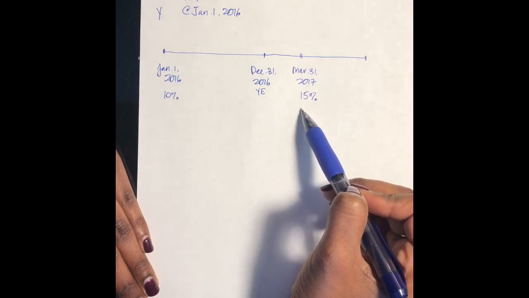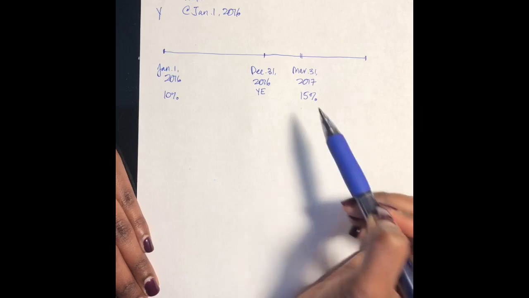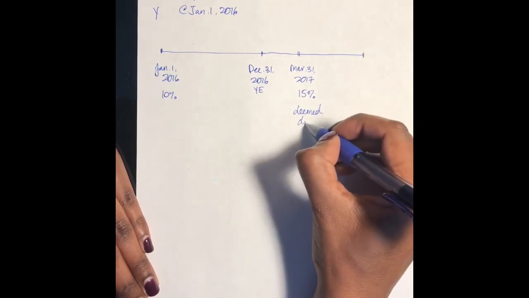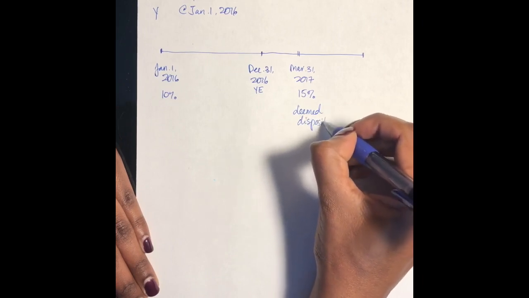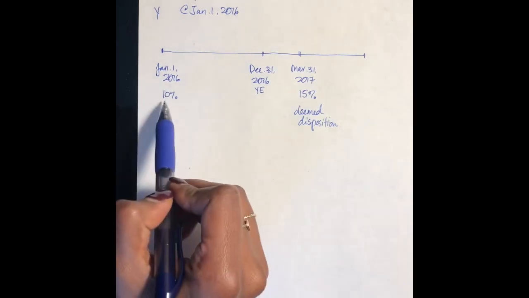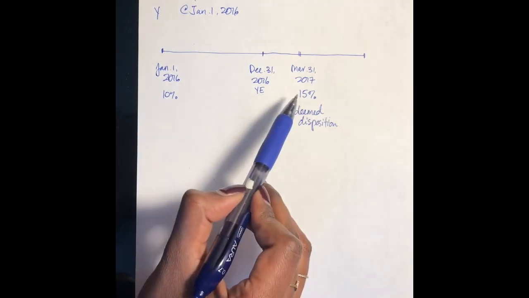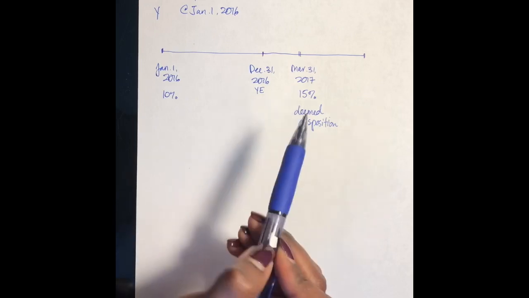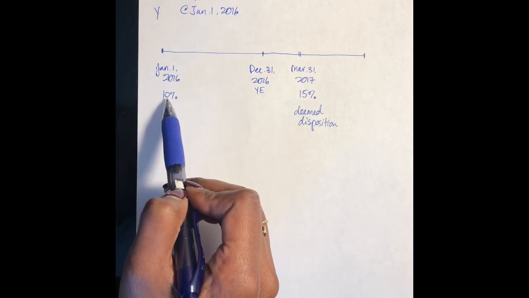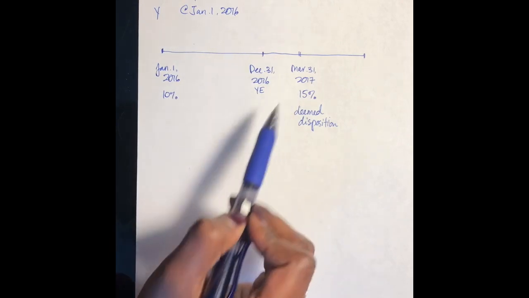At March 31st, 2017, you have to do something that we call a deemed disposition. So what does this mean? This means that at March 31st, 2017, if you had 10% and now you buy this additional 15%, you no longer hold a financial instrument, right? Because you now are going to own 10 plus 15, which is 25%.